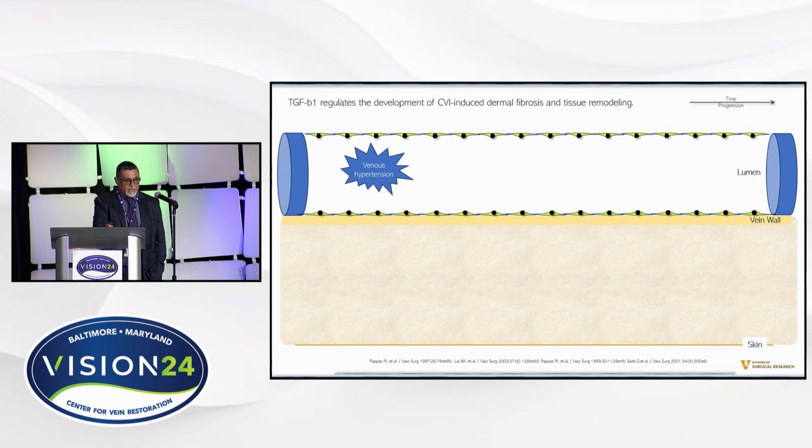What you will see is a cartoon where at the top is a representation of a vein with venous hypertension, and at the bottom, you can see the skin and the dermis, which I will call a happy skin at this point. Secondary to venous hypertension, we have macromolecules and red blood cell extravasation into the dermis, and the skin doesn't like this very much. So an inflammatory reaction occurs secondary to this new environment generated by venous hypertension.